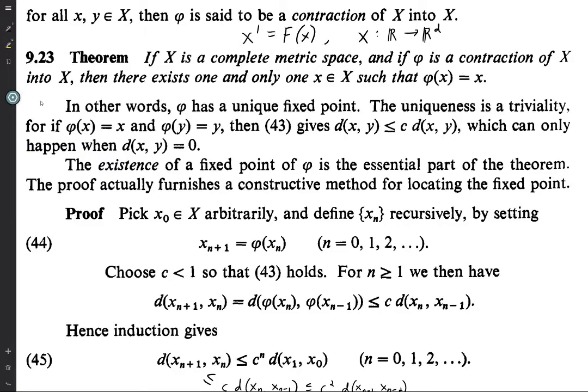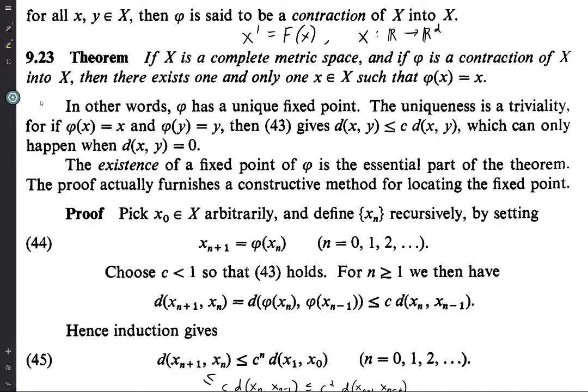One thing that we can do to prove that there is a solution to this equation is, under some circumstances, define a space of functions and define an operator on this function space in such a way that a function satisfies the differential equation if the function is a fixed point of this operator.